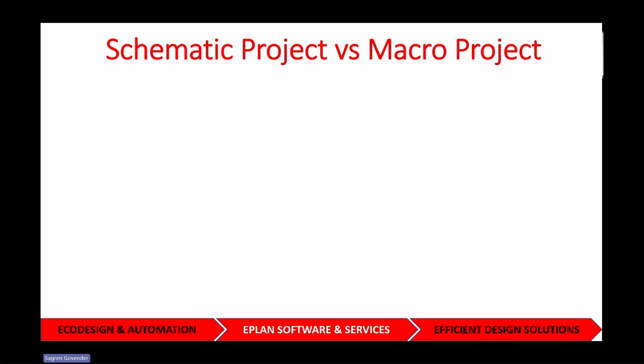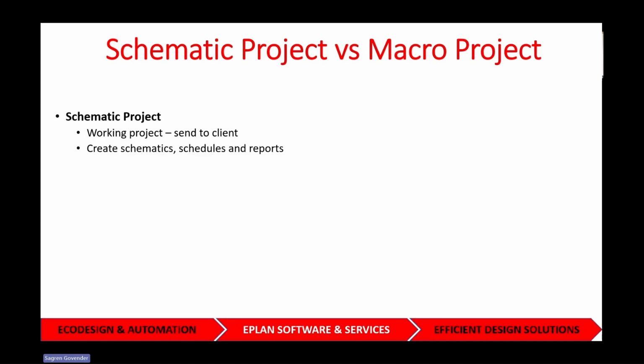Okay, so what's the difference between a schematic project and a macro project? You may have heard of it, but maybe you don't know the difference. Most of you would be familiar with a schematic project. That's when you create your working project, and this is the project that you're eventually going to send over to your client. This is where you create your schematic drawings, your schedules, your reports, and so forth.